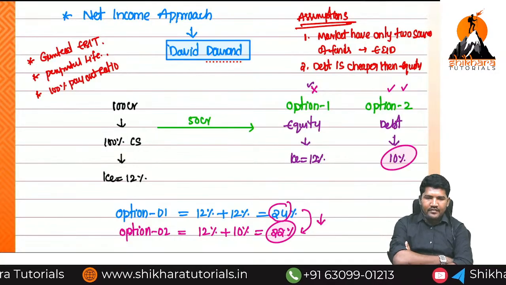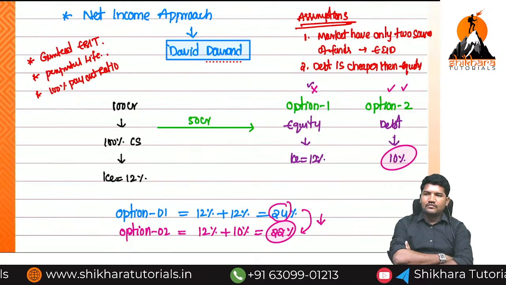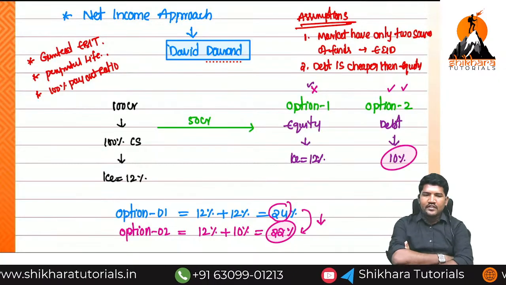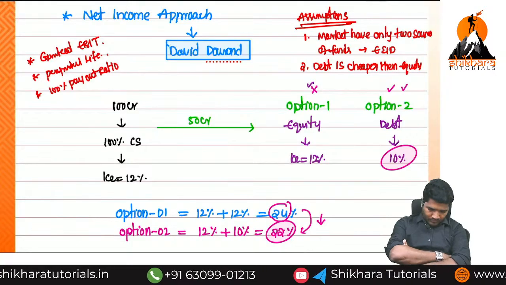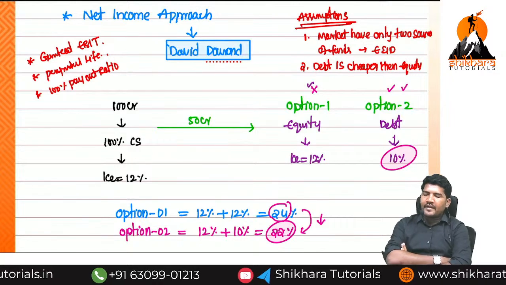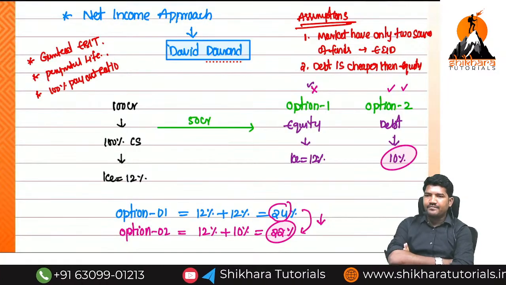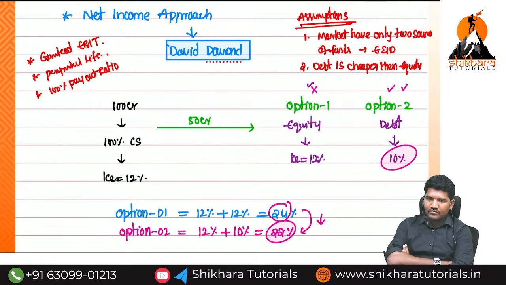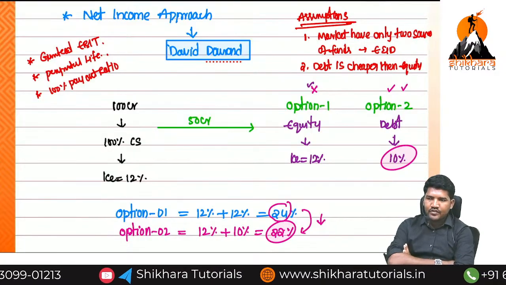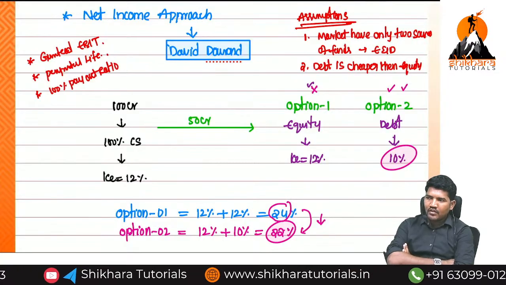Arrow mark: if the company raises debt, KO decreases due to low KD. What's the reason for the reduction? Low KD.